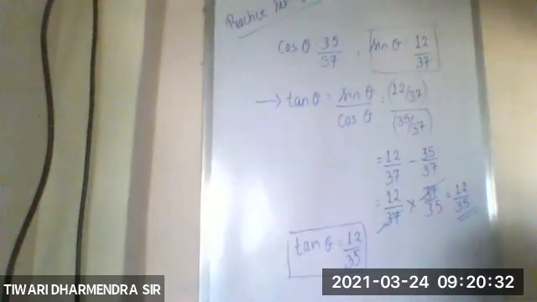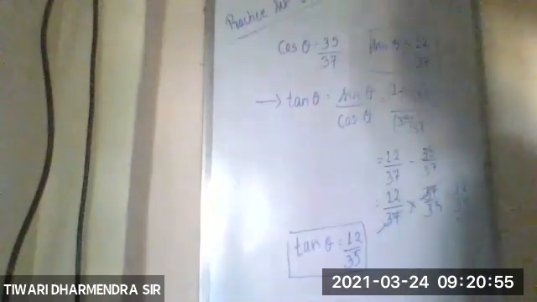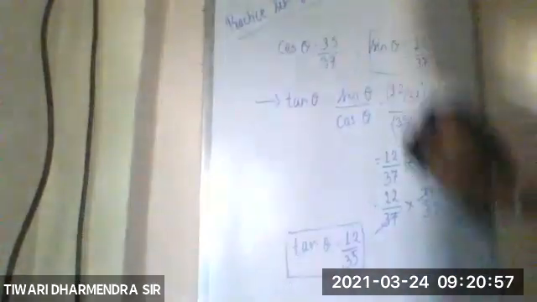Now we'll do one more problem for you, and the remaining you can try by yourself. In this one, tan theta is given as 21 upon 20. Let's do that. We'll find the remaining two ratios.